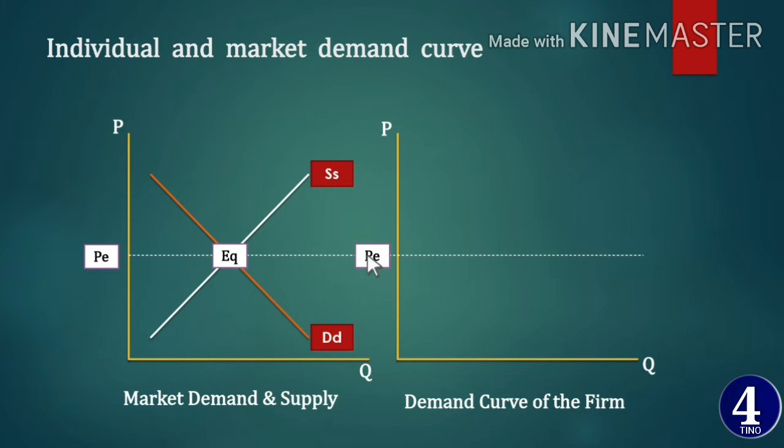Who determines this price? The market determines the price. Then after the determination of the price, the sellers will have this price. Now the buyers are expected to have the same kind of price.